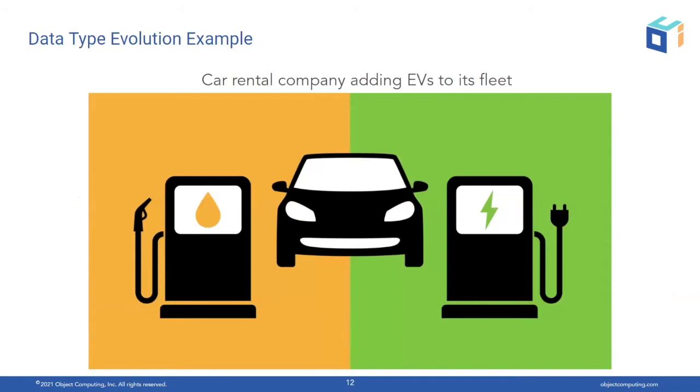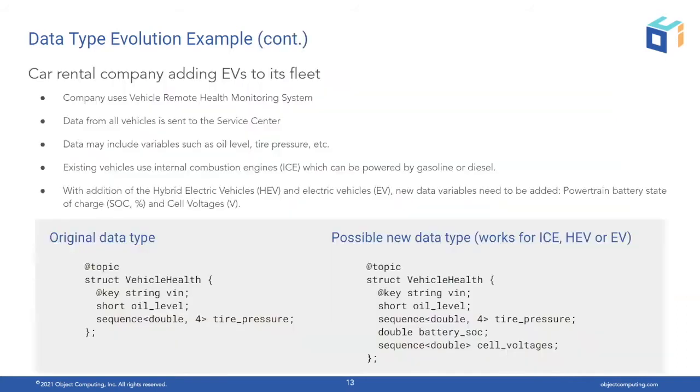Let's go back to the system evolution scenario. A use case for it may be a car rental company. It already has a fleet of internal combustion engine cars and is now adding hybrid and electric vehicles. So let's say the company uses an electric vehicle remote health monitoring system, which collects data from all vehicles to the service center.